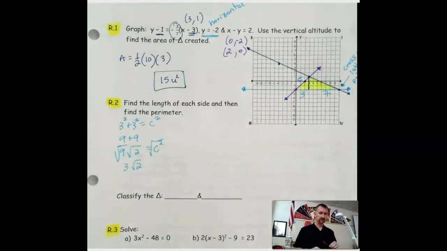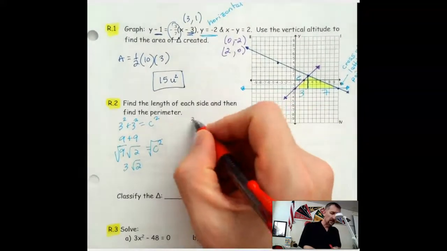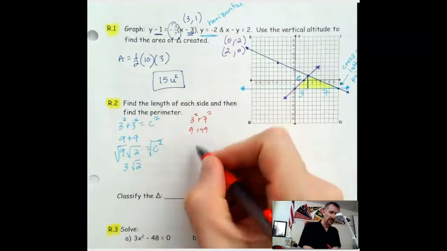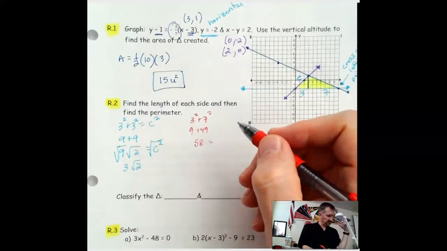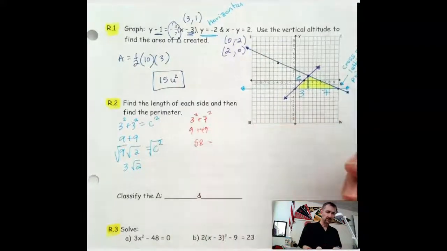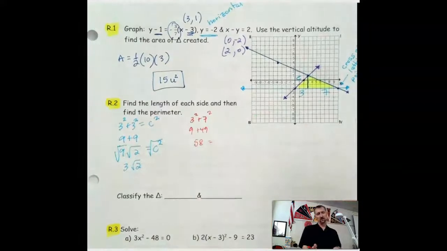Okay. Now the last one is 3 by 7. So you're going to have 3 squared plus 7 squared, 9 plus 49, 58. 58 doesn't really reduce. Like 2 and 29, but that doesn't factor.